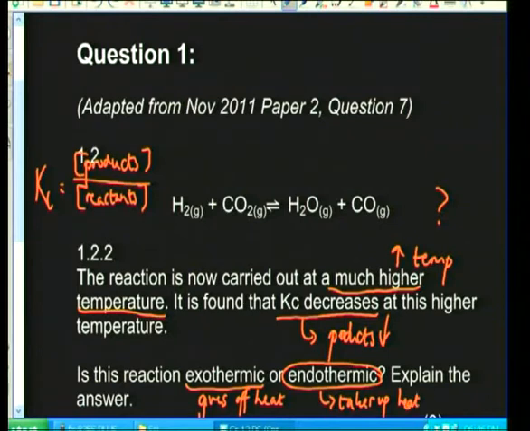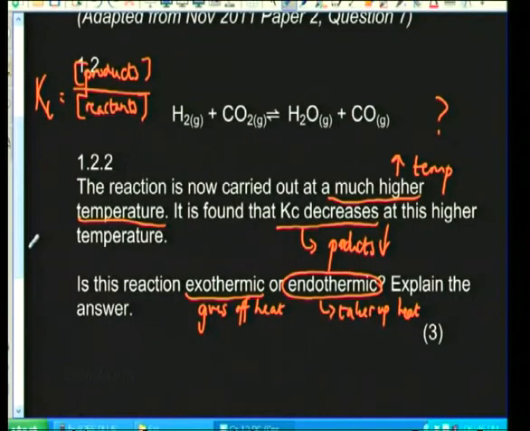And going back to Le Chatelier's principle, if the system which was in equilibrium has some kind of stress added to it, for example, increasing the temperature, the system will react to cancel out or to oppose or to negate that effect. So have a look at what we've got. We've increased the temperature.